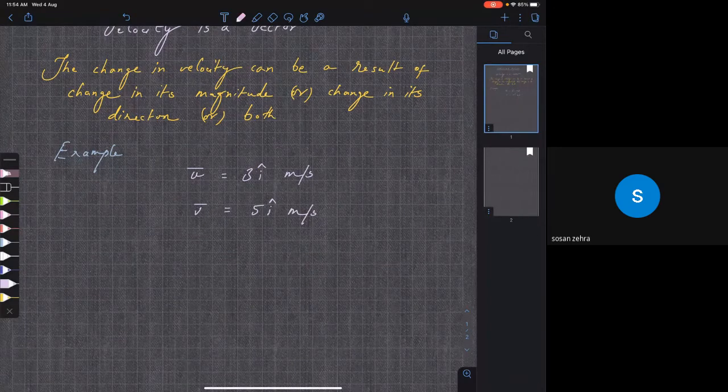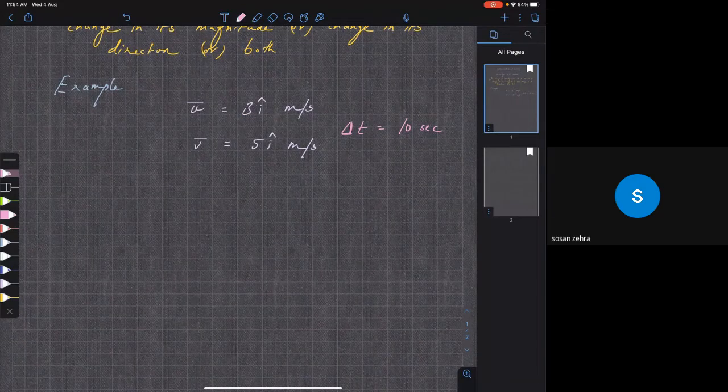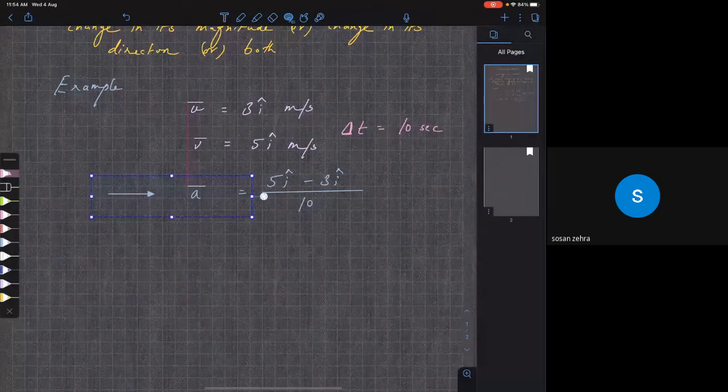Delta t, the time between these two velocities, is 10 seconds. So what is acceleration? 5 minus 3 by 10, that is 5 i cap minus 3 i cap divided by 10, in meters per second square.